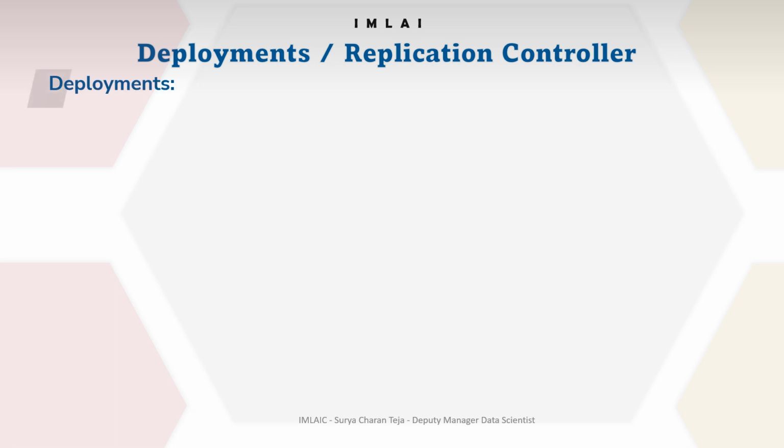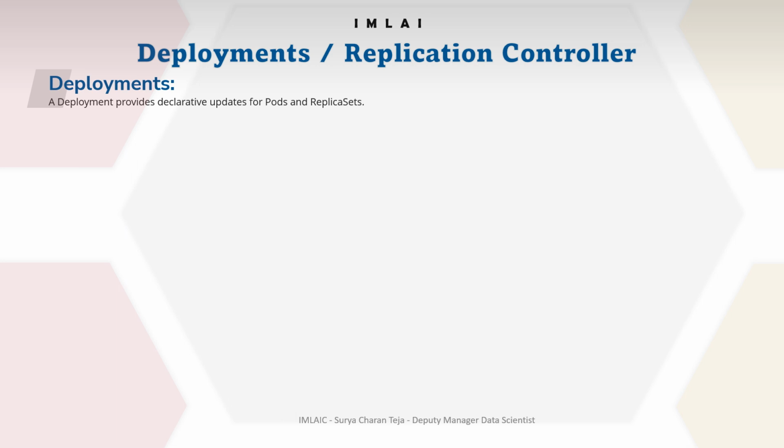So deployment provides declarative updates for pods and replica sets. You describe a desired state in a deployment and the deployment controller changes the actual state to the desired state at a controlled rate.